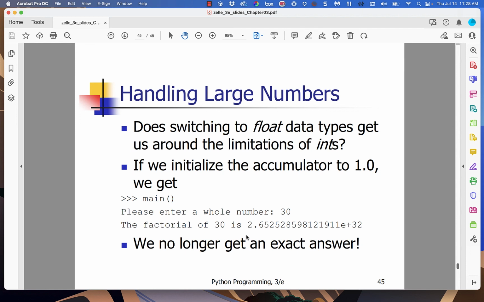I may have misspoken a few minutes ago: precision is all the digits that they keep, so they keep about this many digits for a float, and the scale is how many of them are to the right of the decimal point. When you think about ints in terms of precision, they have infinite precision because we can have all the digits that we want. They have a scale of 0 because they have 0 digits to the right of the decimal point.